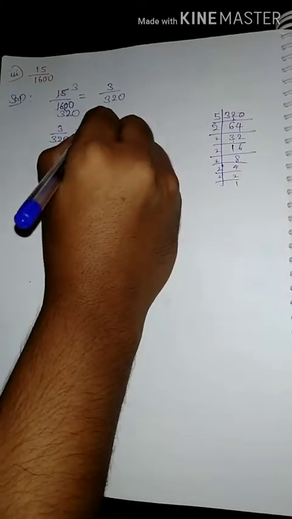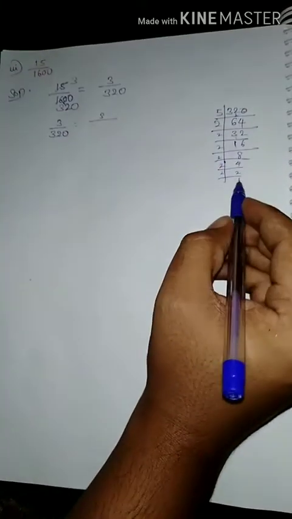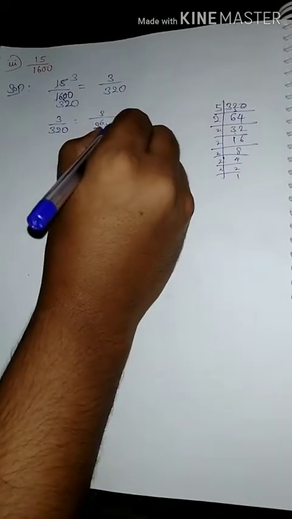So 320 is split as 3 divided by 2 to the power 6 into 5.